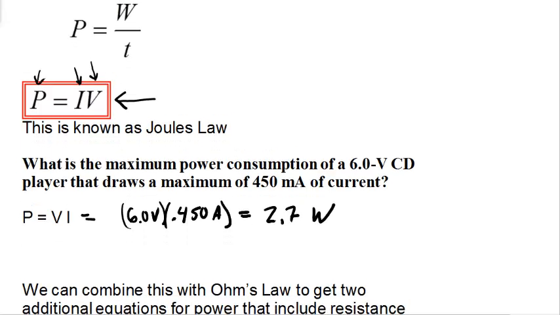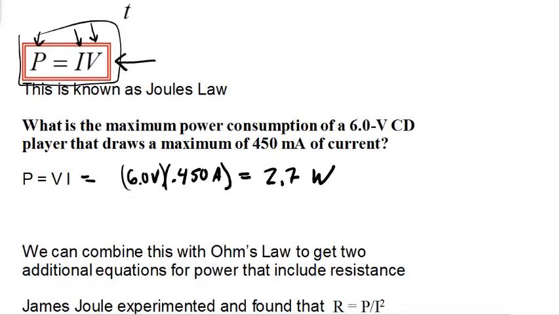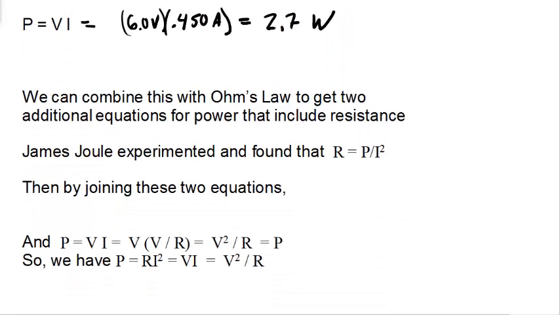Now, although this is the formula for power, we can actually create a few offshoot formulas from that. If we combine power with Ohm's law, V equals IR, and do some substitution, then we get two more formulas for power.